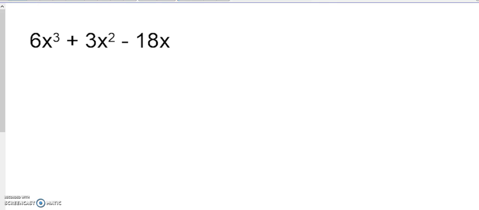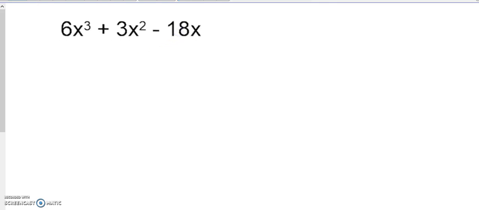This one also has some GCF that we can factor out, and it's a little bit different than the first one because not only are they all divisible by 3, I can also take an x out of all of them because they all have at least one x. So that's going to take an x away from each of them on the inside, and we're also dividing them by 3.